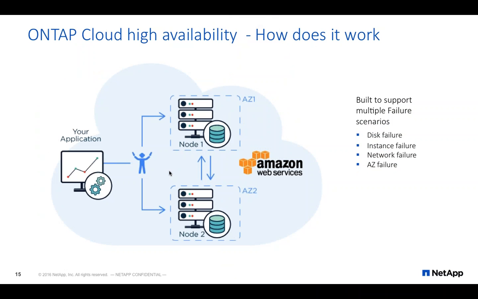So to talk a little bit about the architecture itself, this is really a simplified view of what you're seeing here, but for an HA environment, there's two nodes. You have a primary node and a secondary node. And these nodes operate in either an active-active or an active-passive scenario, depending on how you launch it.